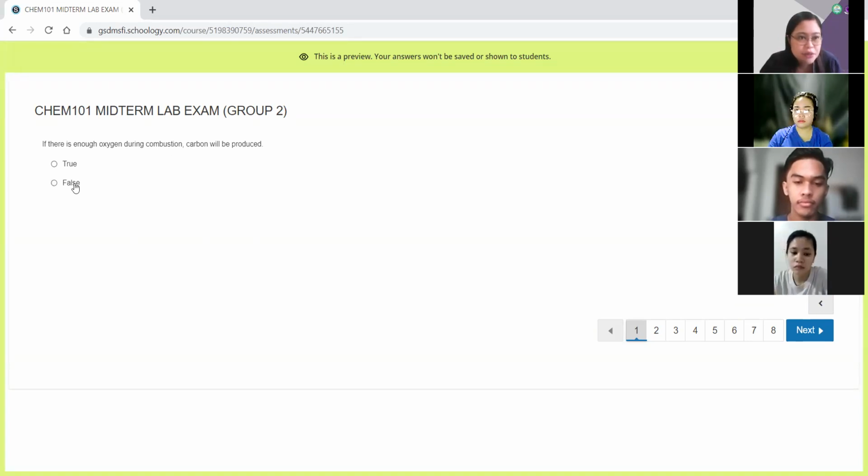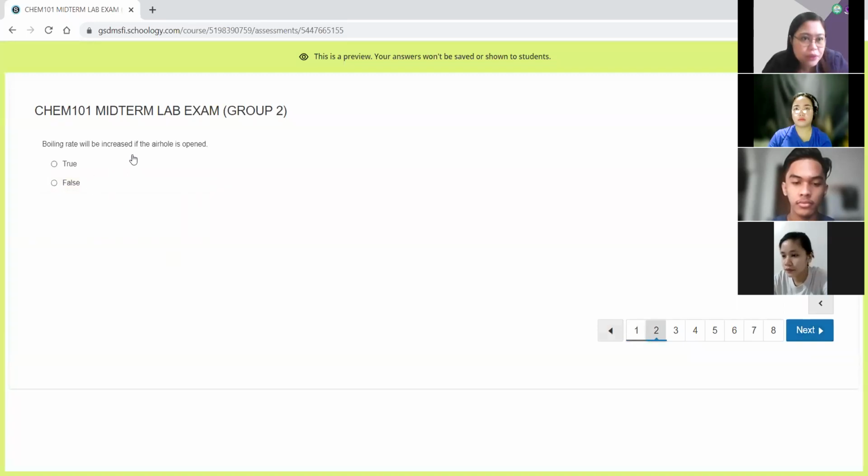So this is actually false. Kasi mabubuo lang ang extra carbon and yung soot na tinatawag if there is incomplete combustion, and that incomplete combustion takes place if there is not enough oxygen. So again, this one is false.